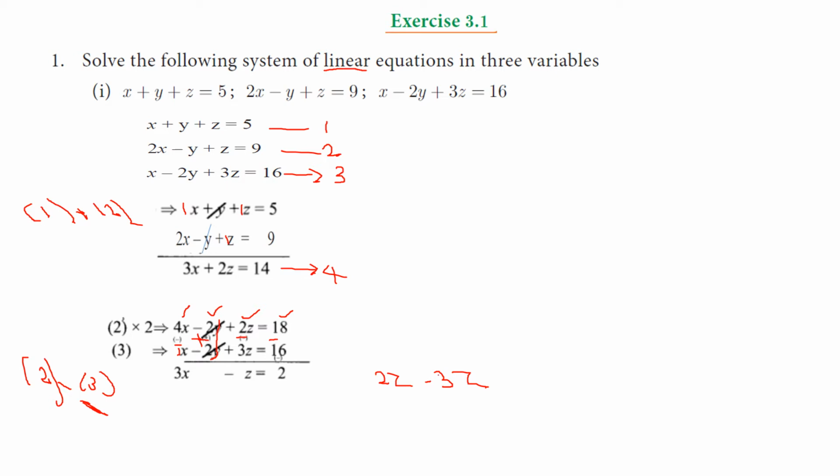Whatever the greater number, you subtract. 3 minus 2, 1. Here number only you keep in mind. Number 3 has the minus sign, so you put minus 1. So here minus 1, you simply write it as minus z. 18 minus 16 equal to 2. That is the fifth equation.